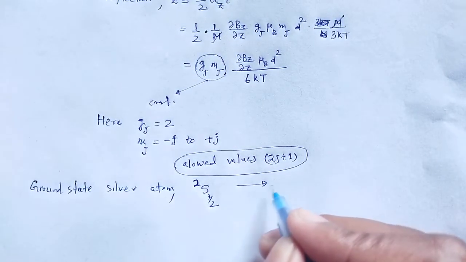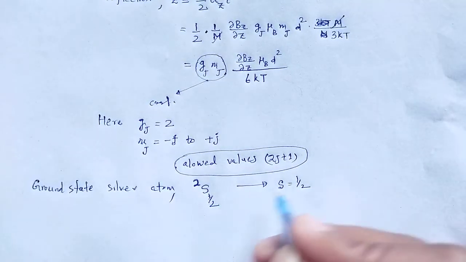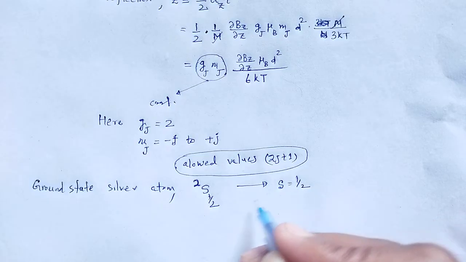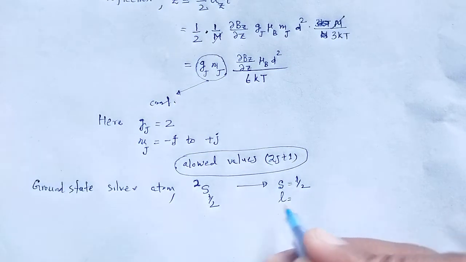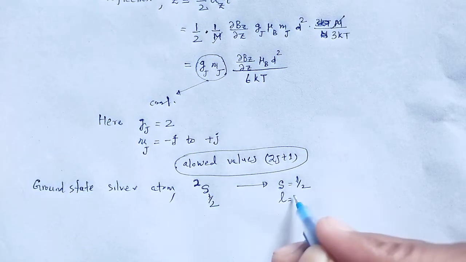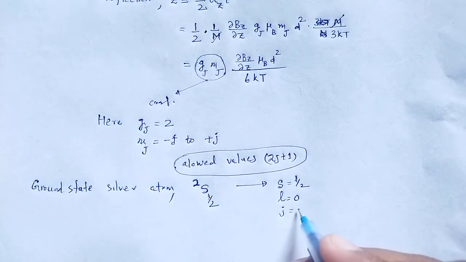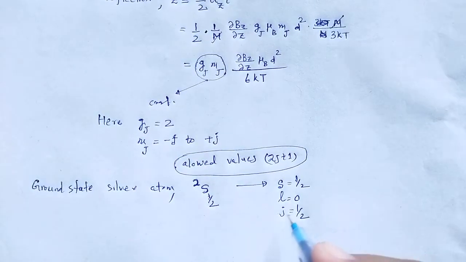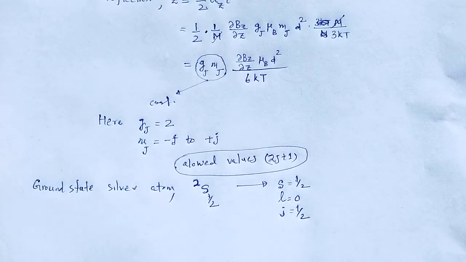From this we conclude that the spin quantum number is half, and since it is an S state, L will be 0, and j, the total angular momentum quantum number, is half.